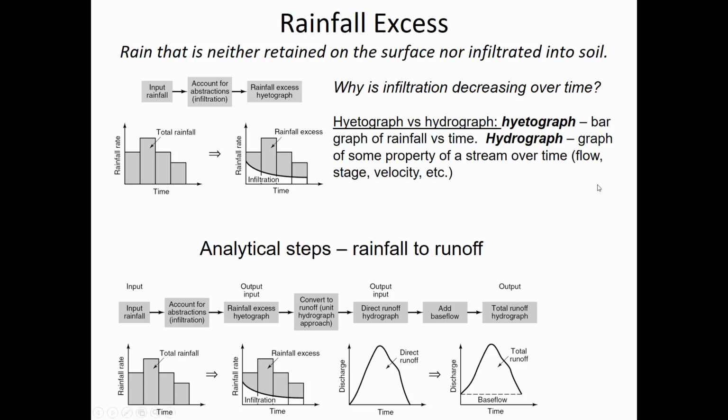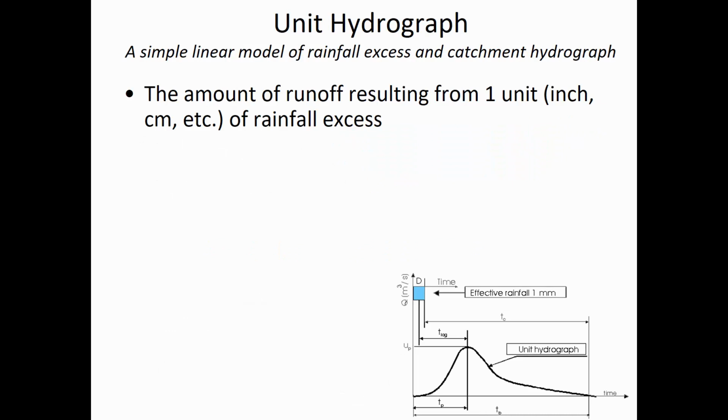The total runoff hydrograph will be the storm response water plus the groundwater that's going to be in the channel due to just the slow movement of water through the soil towards the channel. So conceptually, this is what we want to do, is we want to start with rainfall data and end with discharge data. And the simplest way to do that is with the unit hydrograph model.